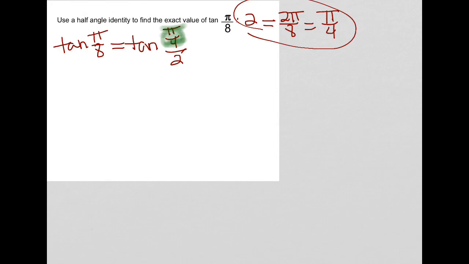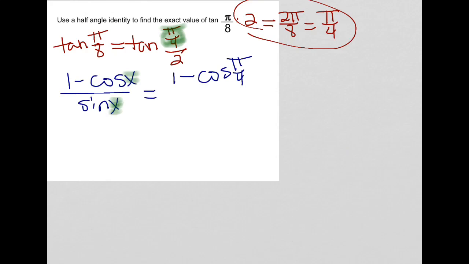And the one I've chosen is 1 minus cosine of x divided by sine of x. And remember, my x is pi over 4. So wherever I see an x, I'm going to put a pi over 4. So I'm simply going to write 1 minus cosine of pi over 4 divided by sine of pi over 4.